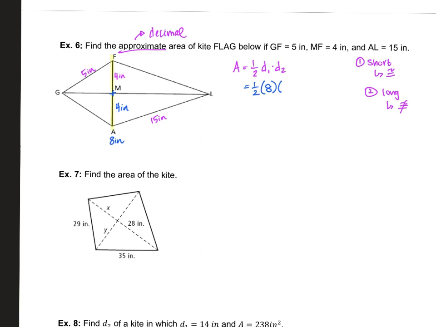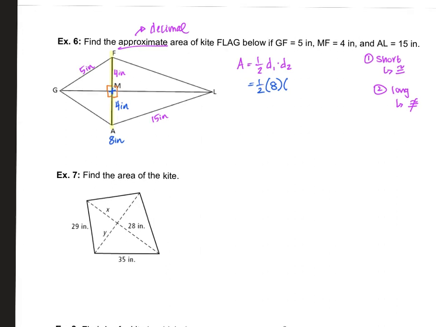Okay, now how could I find diagonal 2, the long diagonal? I know that the pieces of it are not congruent, so I'm going to have to rely on some other information that I know about kites. Well, kites are made up of 4 right triangles. So that means all of my right angles can be found here in the middle. If we're trying to find the pieces of diagonal GL, how could I do that utilizing my right triangles?